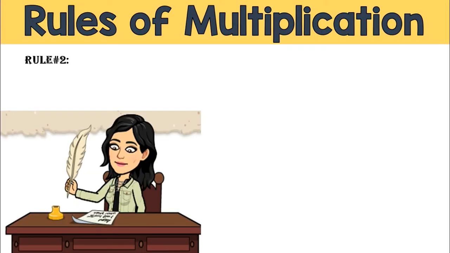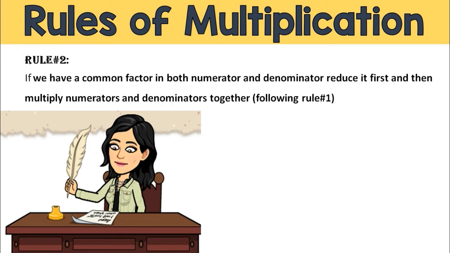Rule number 2. According to rule number 2, if we have a common factor in both numerator and denominator, what we will do first is reduce it, or just cancel it out, and then we follow rule number 1, which is to multiply the numerators together and denominators together. Let's look at an example.